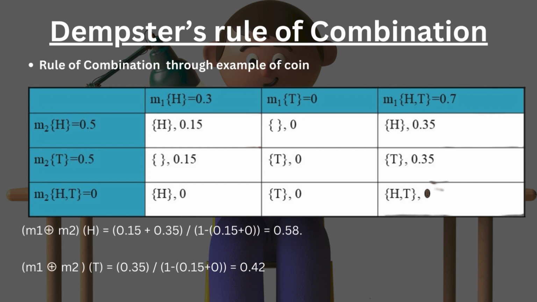In the first column it is tail, in the row it is head, and there is no common proposition. So, it comes out to be the empty set. Similarly, the last bottom right cell, where it is head and tail, is equal to 0. Why is it 0? Because the last row has the proposition head and tail, and the last column has the proposition head and tail.